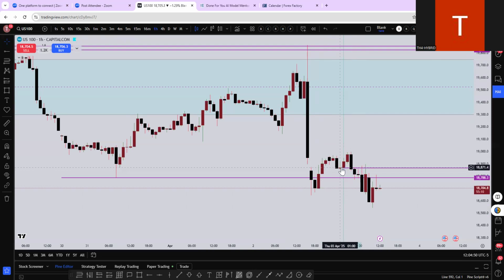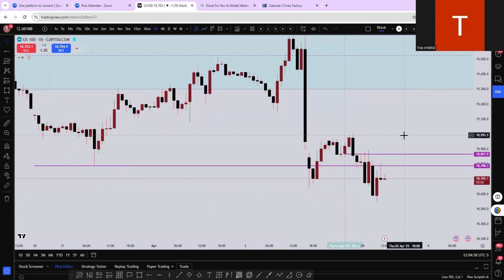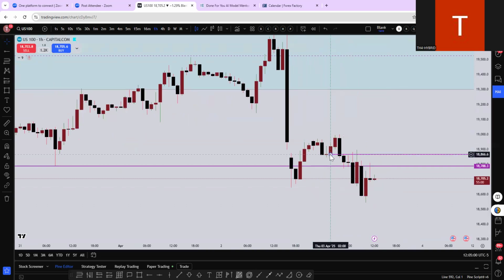If we're closing below the open, so 2 a.m., we want to see if that's being respected or not. It's really important for the delivery of the day because everything is based off of, back when we talked about how the algorithm works, there's always a start time, and that's something that the algorithm is always going to reference based on how we trade around it, which is the same way we trade key levels.